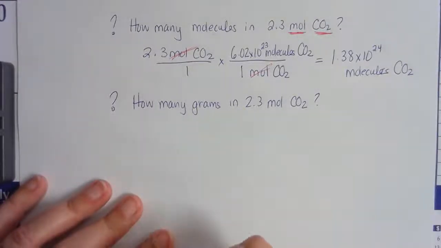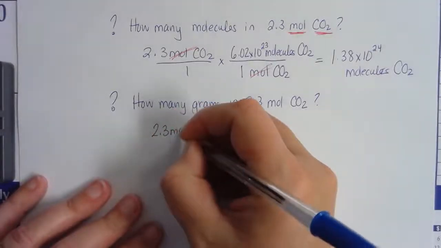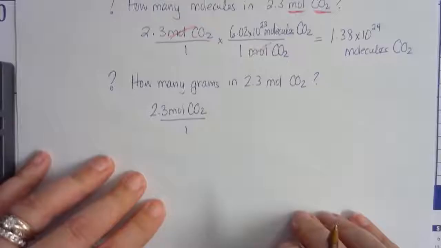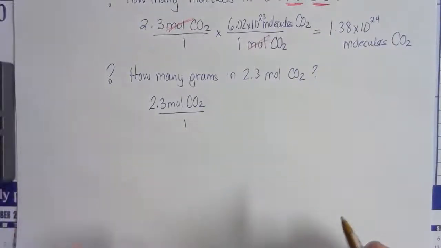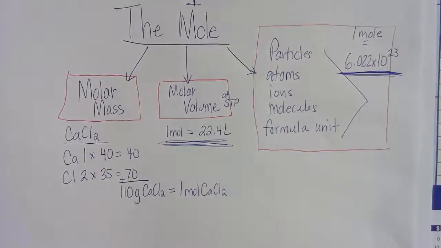We're starting with the same number, 2.3 moles of CO2, and we're putting it over 1. Okay? If we go back, I know you guys are writing fast. This is why I don't do notes this way. If you go back to the original page and we're going from moles to grams, what number are we going to use? What value?